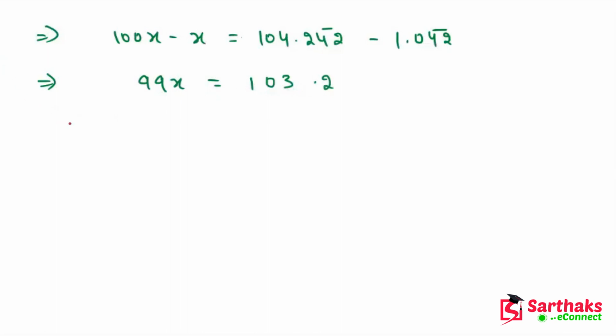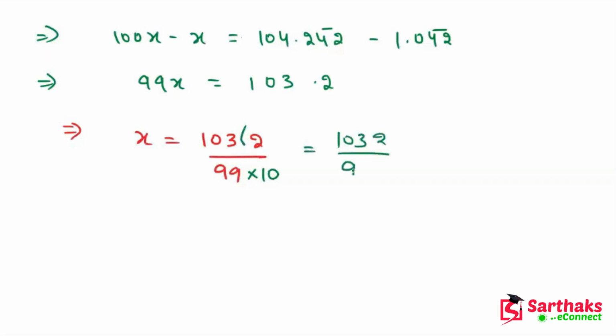So now this will become x equals 103.2 divided by 99. Now if we remove the decimal point, we get 10 in the denominator. So this equals 1032 divided by 990.